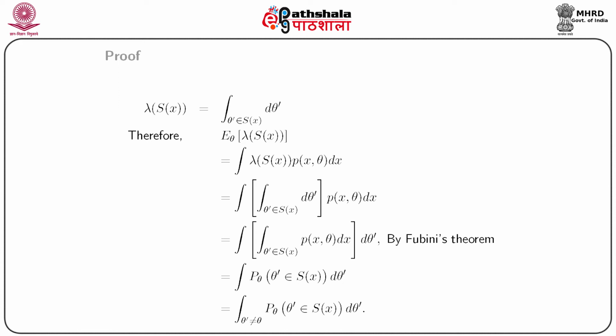Now by Fubini's theorem we interchange the order of the integrals and we get the integral over theta dash of the integral over x with theta dash belonging to S(x) of p(x, theta) dx d theta dash. The inner integral is actually the probability that theta dash belongs to S(x), and therefore we get the integral of the probability that theta dash belongs to S(x) d theta dash, which is equal to the integral over theta dash not equal to theta of the probability that theta dash belongs to S(x) d theta dash.